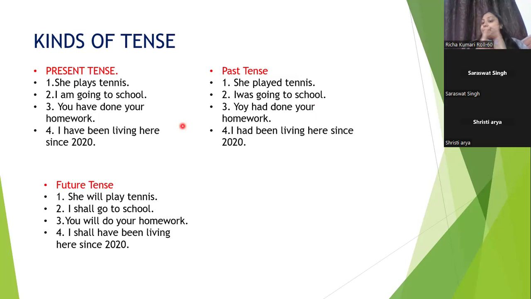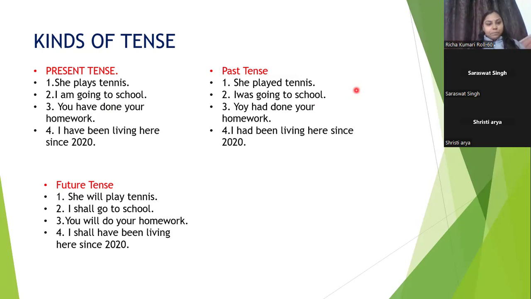So that's why we call tense the form of verb which simply tells us about the time of action. सिर्फ ये थोड़े थोड़े verb forms में changes होकर के पूरा का पूरा action का time ही change हो गया. अगर हम plays लिख दिए तो उससे समझ आ गया कि हमारा जो टेंस है वो प्रेजेंट में है. अगर हमने उसको प्लेड कर दिया तो हम समझ गए कि हमारा जो टेंस है वो पास्ट में है.